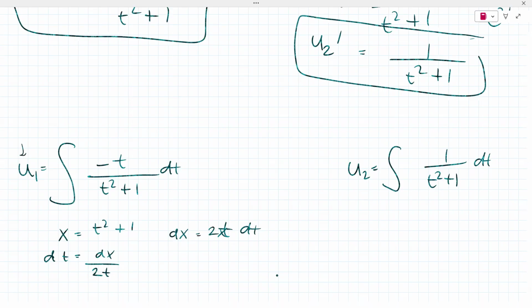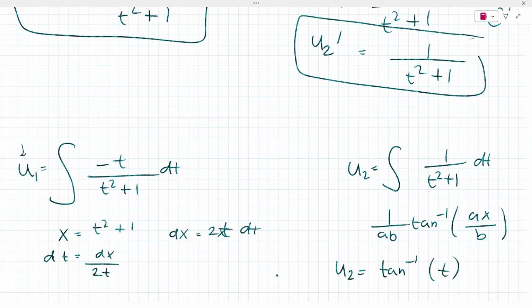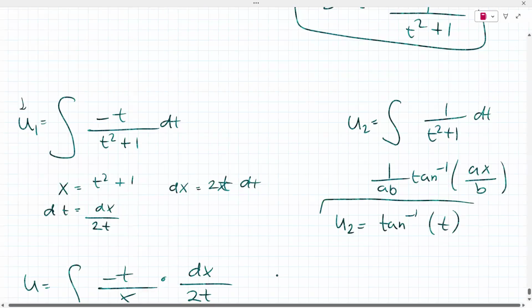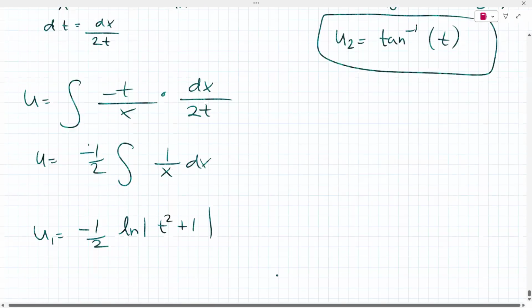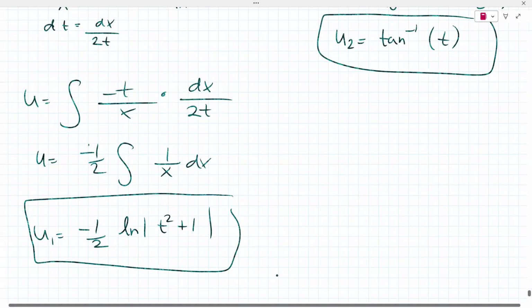So this is going to be 1 over AB times tan inverse of AX over B. So my u2 is tan inverse of t. So yeah, we have our u2 and our u1.